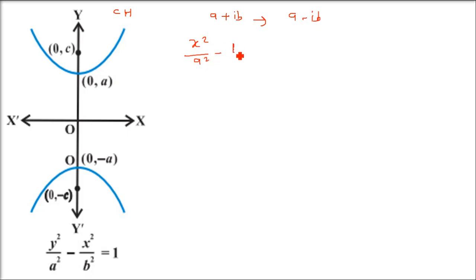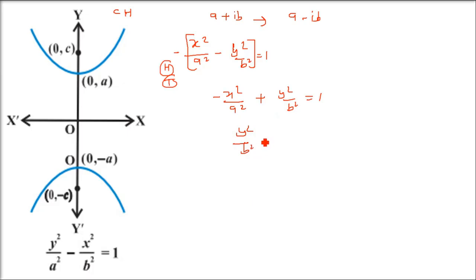We have the equation x square by a square minus y square by b square equals 1, and this is for the horizontal or transverse hyperbola. What is the conjugate? Multiply it with a negative. So what do you get? Minus x square by a square plus y square by b square equals 1. Now just change the places: y square by b square minus x square by a square equals 1. And this is the equation of the conjugate hyperbola.